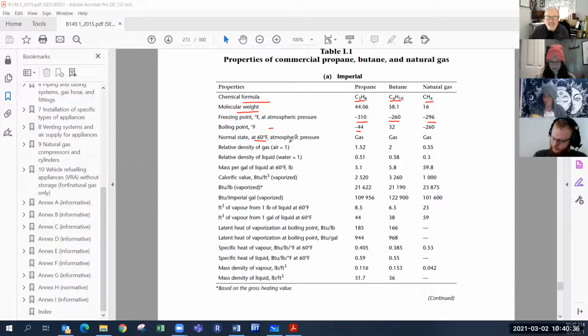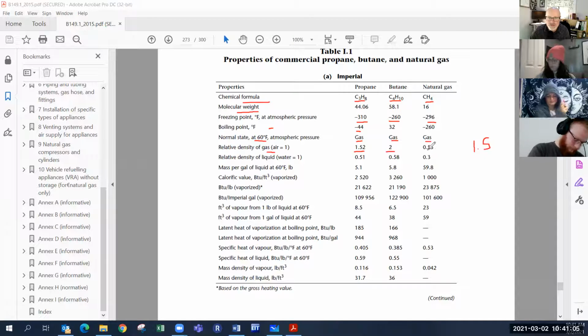Normal state at 60 degrees Fahrenheit. That is at standard temperature, and they also put at atmospheric pressure. And at that point, they're all gases. Relative density as a gas. They have propane at 1.52, but we use 1.5 as a loose approximation.